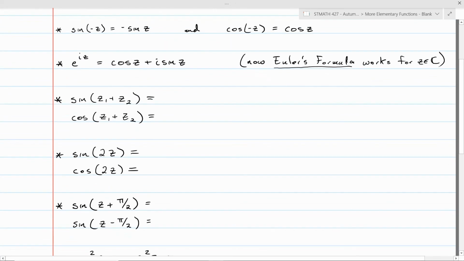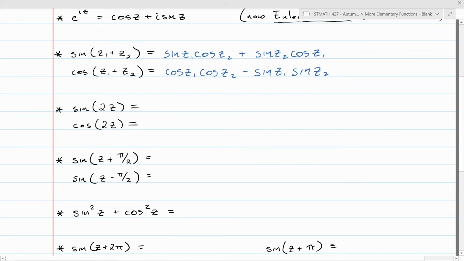We've got sum of angles identities just like we always had. So sine of z1 plus z2 would be sine z1 cosine z2 plus sine z2 cosine z1. And you have the familiar sum of angles, or sum of complex numbers now, identity for cosine. It'd be cosine z1 cosine z2 minus sine z1 sine z2.